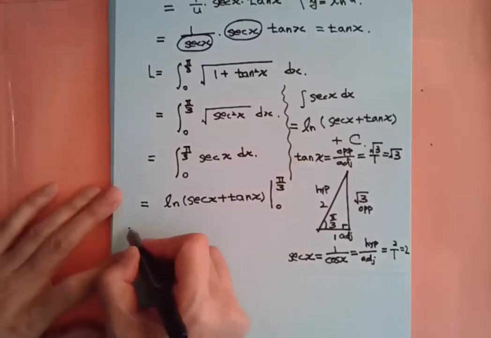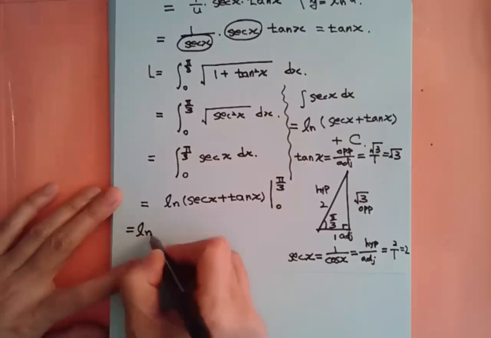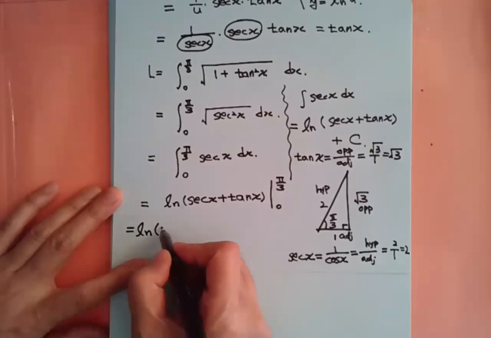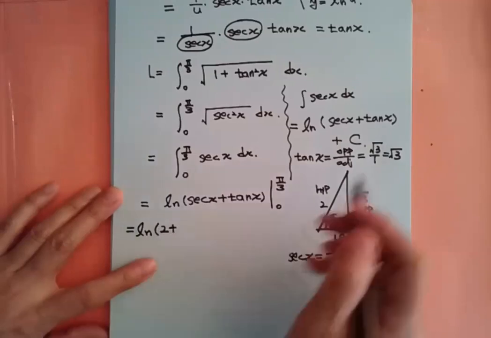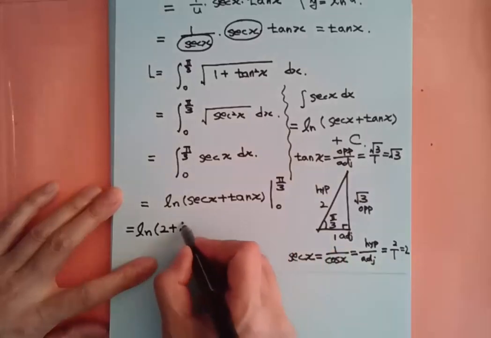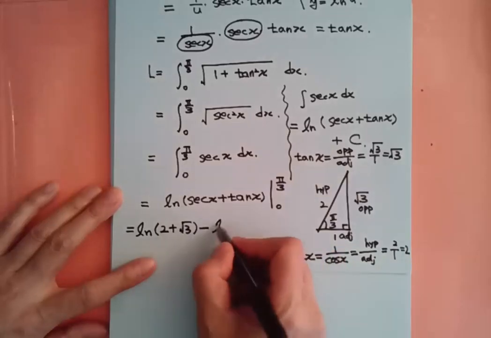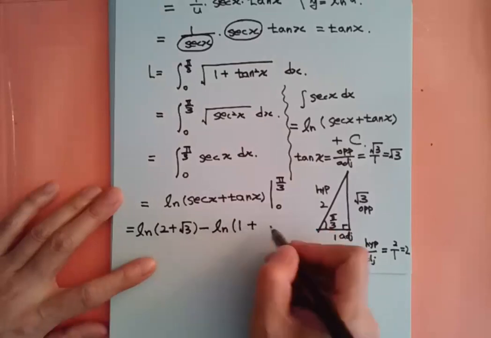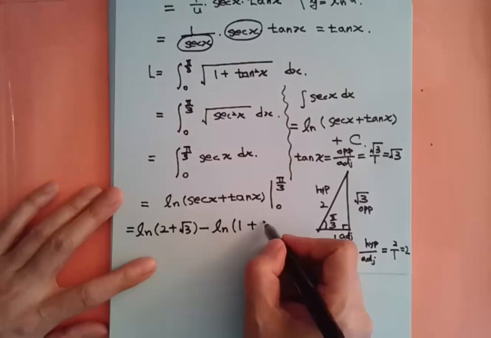Let's plug in. Then natural log of secant of x was calculated as 2 plus tangent of x is square root of 3, minus natural log of secant of 0 is 1 plus tangent of 0 is 0.